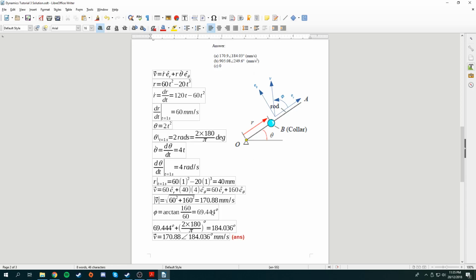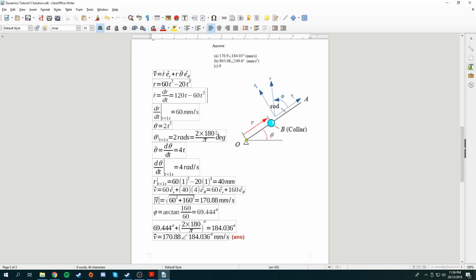So I will always take the arc tangent of the e theta over the er to find the angle over here. Okay, but that's not the absolute angle, because this frame is not the absolute frame. Absolute frame is this whole thing taken from the x and y axis. These e theta and er are not x and y axis. Hence we need to consider this theta.